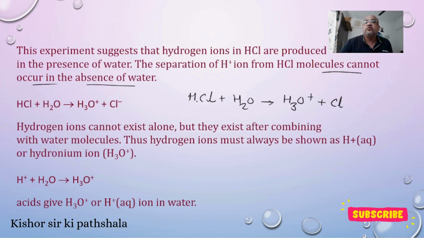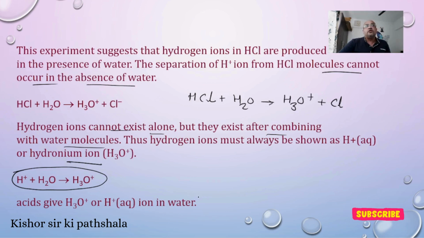So hydrogen ions cannot exist alone, but they exist after combining with a water molecule. Here you see it combines with a water molecule and the hydronium ion is formed. So an acid gives hydronium or H plus ions in water.